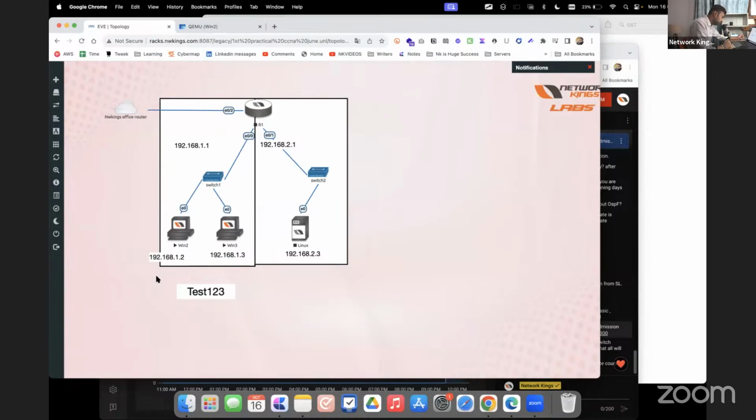We understand that many students have only a 4 GB laptop. That's why we are not asking you to buy a 16 GB or 32 GB laptop. Are you getting my point? That's why we invested a lot of money in buying servers, and you are doing those labs on our very high powerful labs.